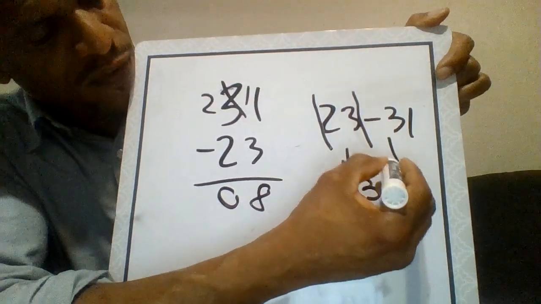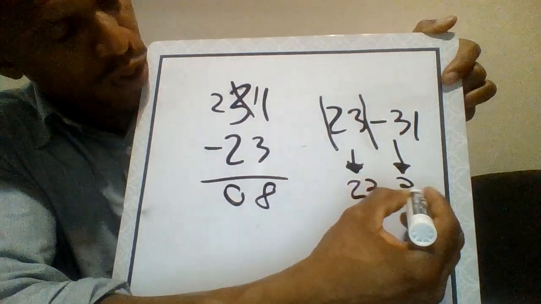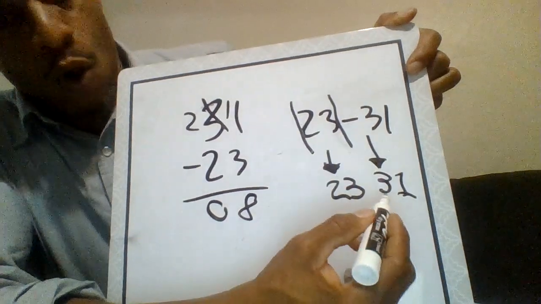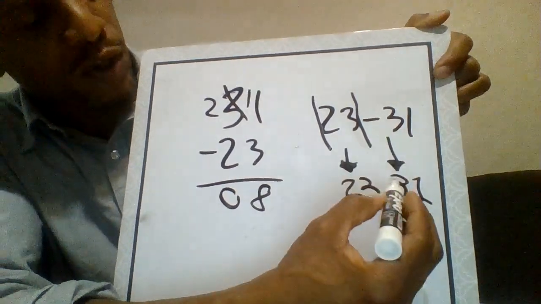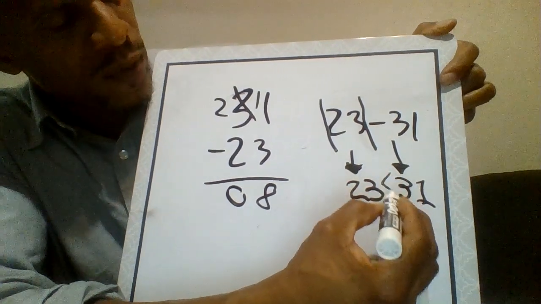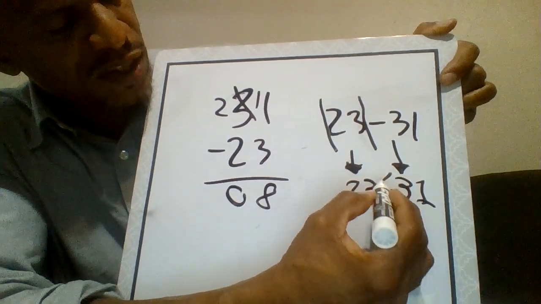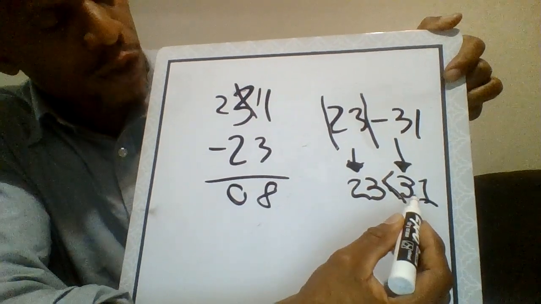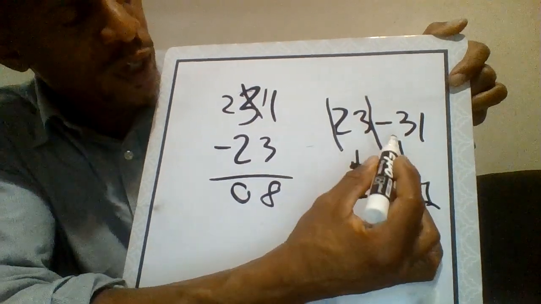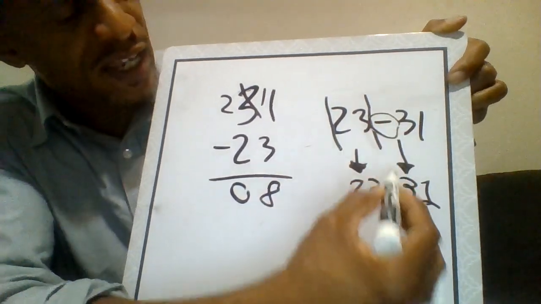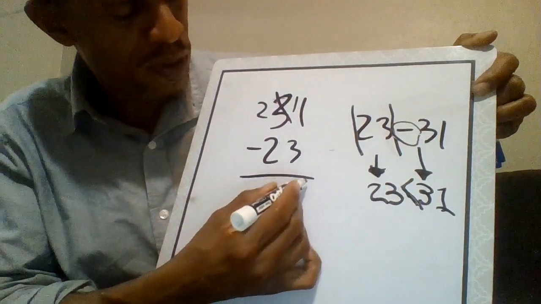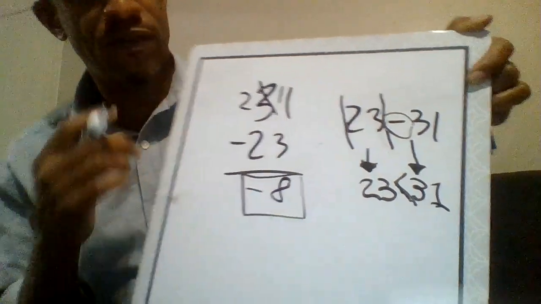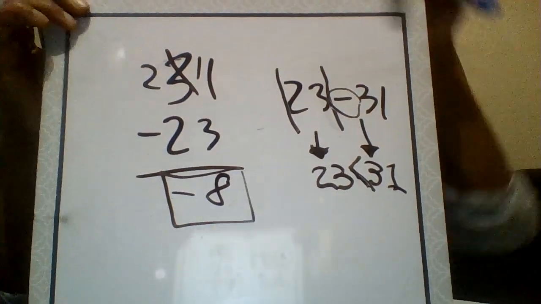Let's look at the absolute value of negative 31, or the distance 31 is from 0. Hey, that's 31. Well, we can already see, using the less than, greater than sign, that 31 is greater than 23. What sign did 31 have? It had the negative. And therefore, my resulting answer is going to be negative 8. So that's how that all works out.